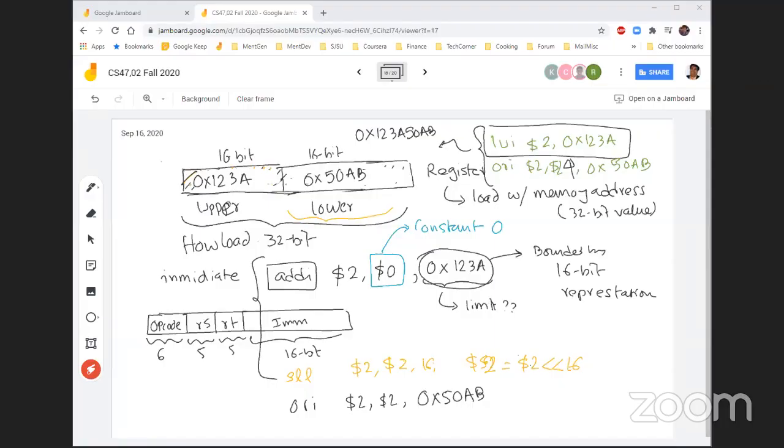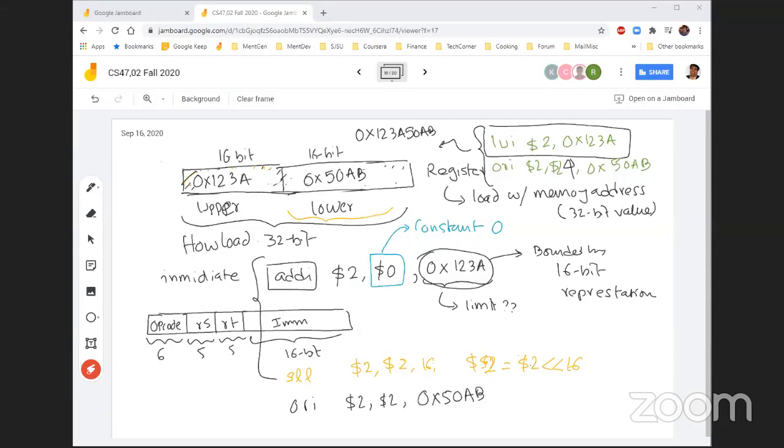Okay, so what happens there? Let's talk about these two. LUI $2, some value, say 123A, and ORI $2, some pattern, 0xA528, something like that.